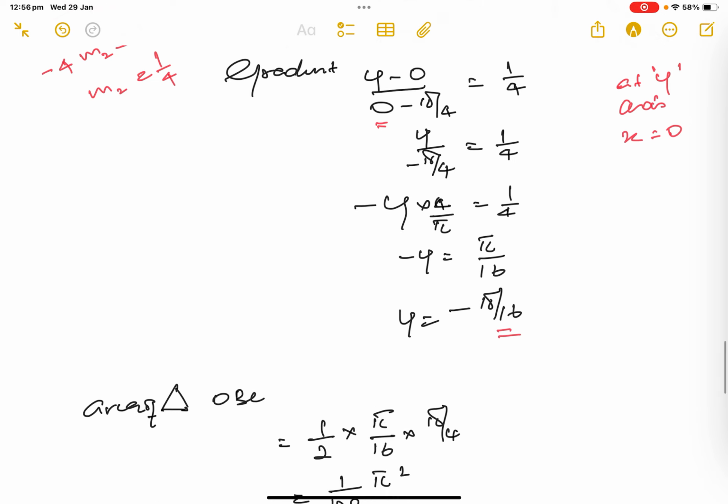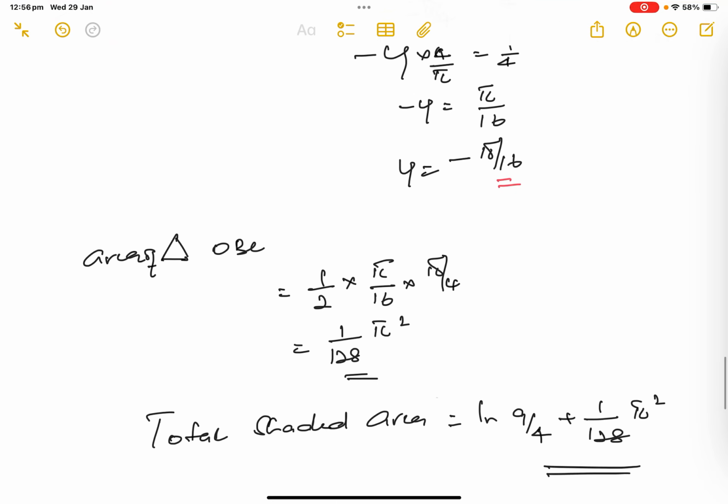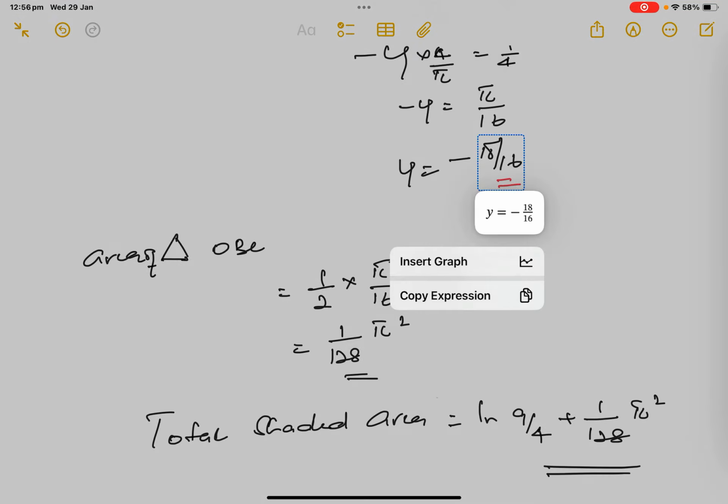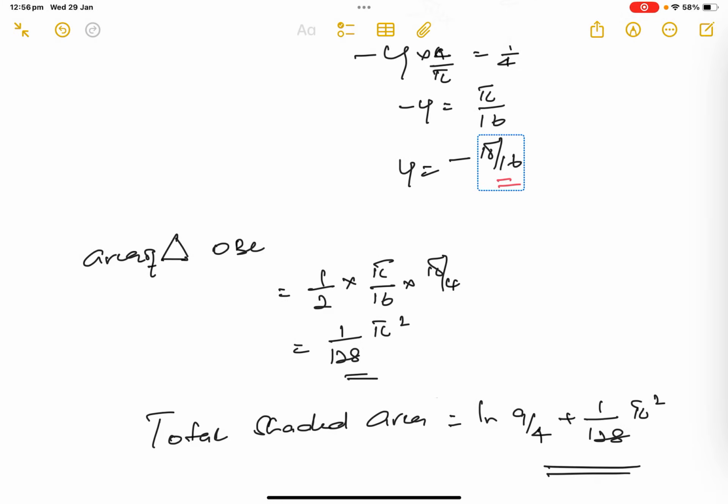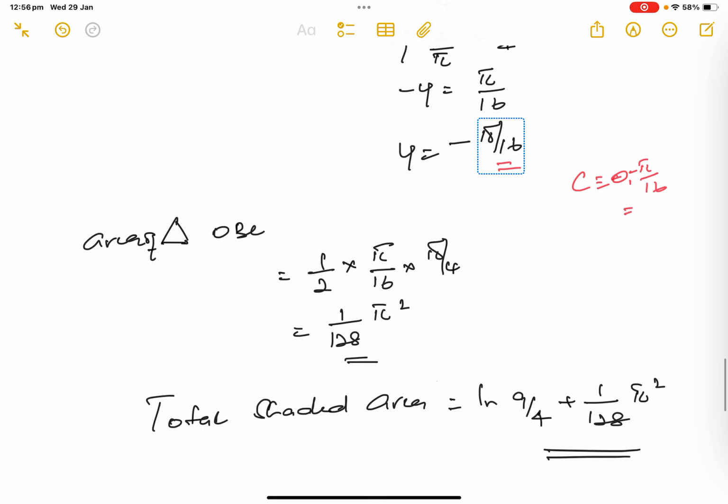is this. If that's the case, we know C. We don't need to go into C, but we can write C is 0 and minus pi by 16. We don't need it anyway. The area of OBC is a right angle triangle, so half times base times height.